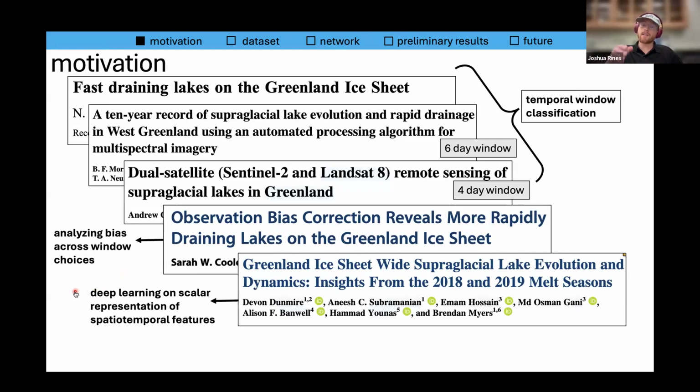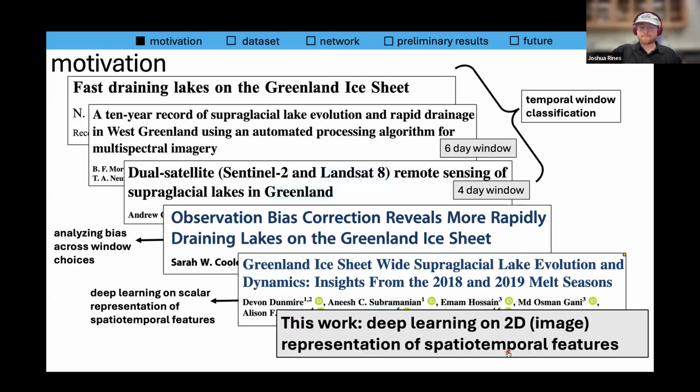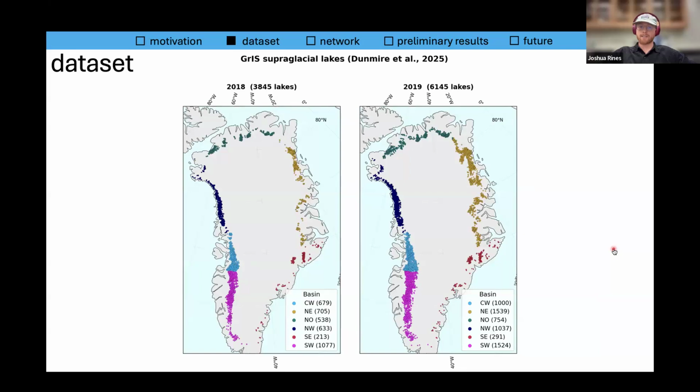So using satellite imagery, sort of compressing all of the information in time-evolving satellite imagery into scalar features and using that as a detection classification. In this work, we try to build on all of this existing literature where we use a 2D, full image representation of these spatiotemporal features to try and classify these lakes.